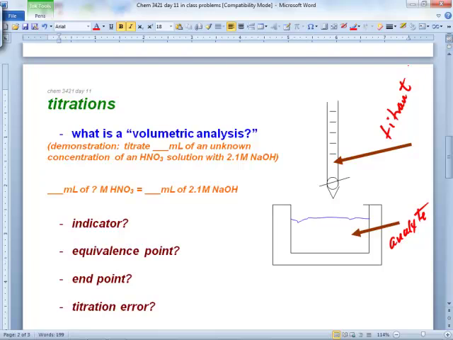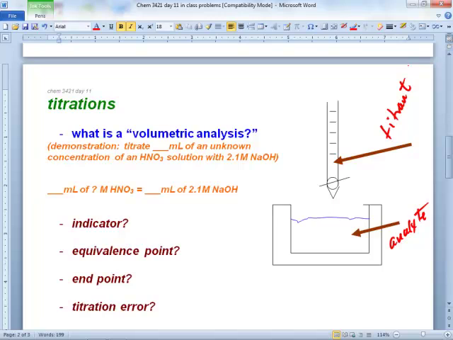There's some more words we're going to talk about, but let's just try this. Okay, I have a setup. I want to titrate blank mils of an unknown concentration of HNO3.